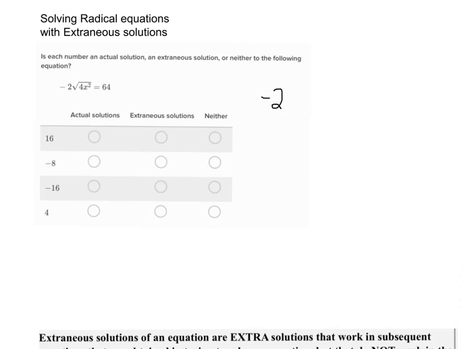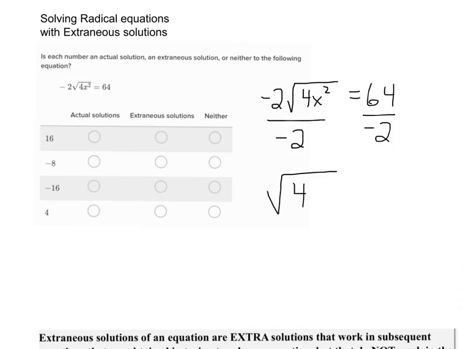Negative 2 times the square root of 4x squared equals 64. Our first step is to get rid of this negative 2. It's being multiplied, so the opposite of multiplication is to divide by negative 2 on both sides. And so I'll have the square root of 4x squared equals negative 32.